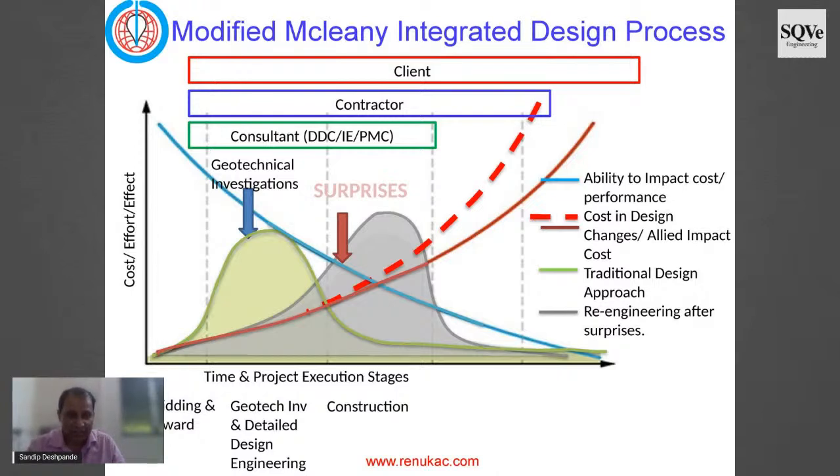It's not just the consultant, it's the contractor and the principal employer also, for a complete project. Maybe it's a builder with a contractor, also the consultant.